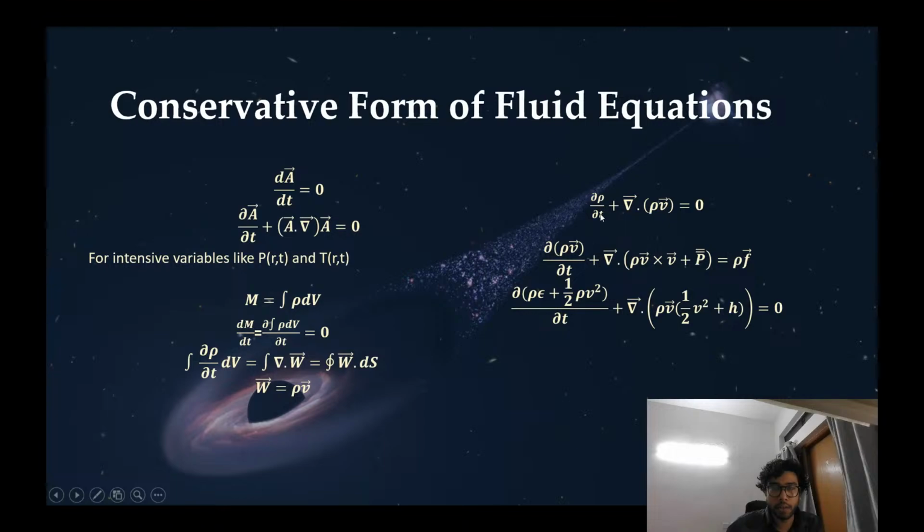It talks about how the density changes with time. That is equal to the flux going in or out of that volume, and that flux is defined as ∇ · ρv. So this is the flux term, right?